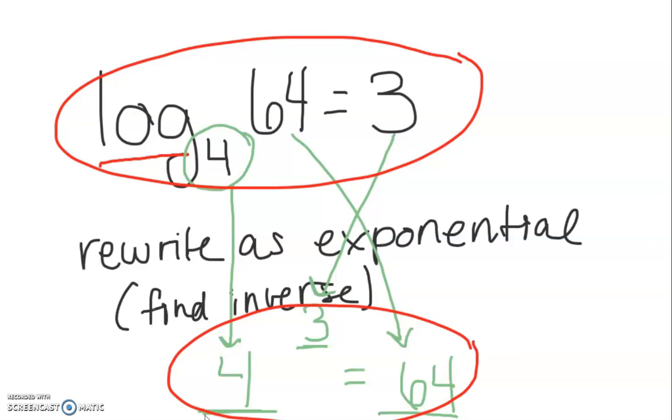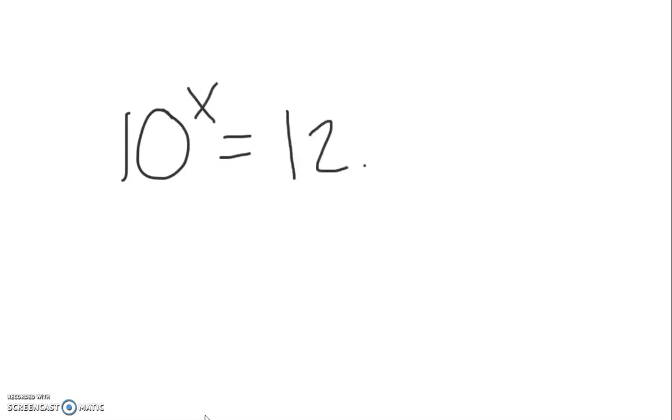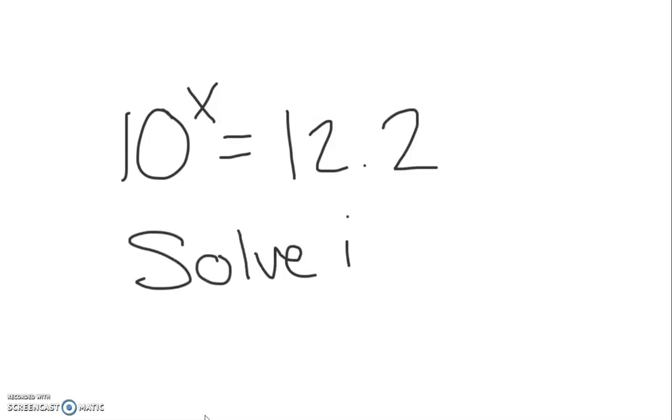Let's try another one. I've got 3 more here I want to show you. So if I said 10 to the x equals 12.2, they would give you something and tell you to solve it. Okay. You could do guess and check. You'll have a calculator, or you could type it into Desmos.